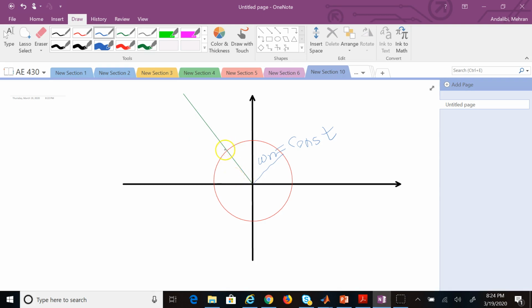We learned that if this angle is phi, then cosine of phi is zeta. So this angle is the cosine inverse of that constant zeta. So if I take the cosine inverse of the zeta that is given, I get this angle. That's the locus of constant zeta.